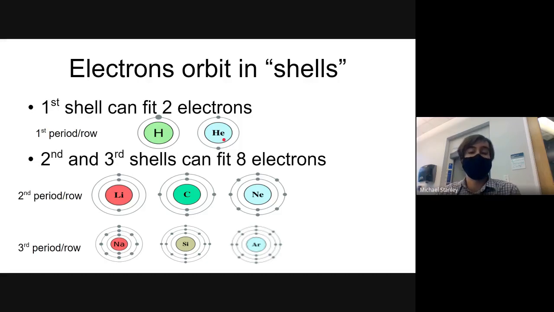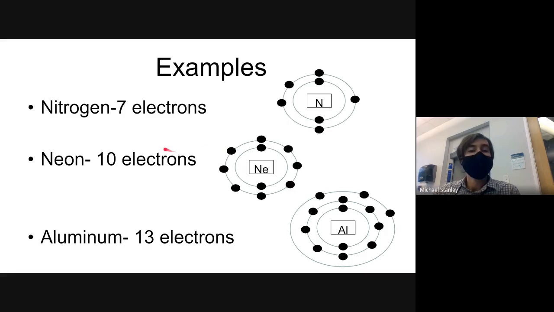So like I said, let's look at a couple more examples. Nitrogen is a pretty small atom. It's pretty close in size to carbon that we were looking at earlier. And nitrogen has only 7 electrons. So here's our little nitrogen nucleus.